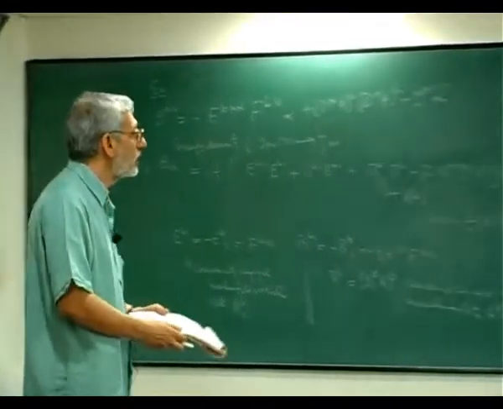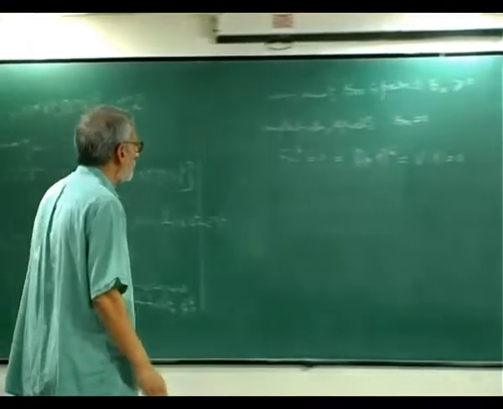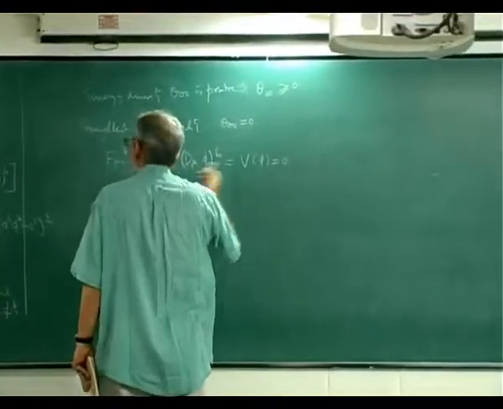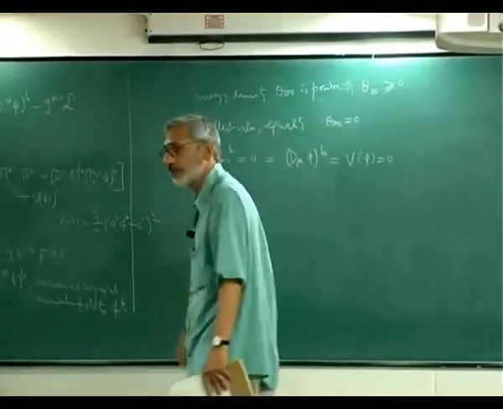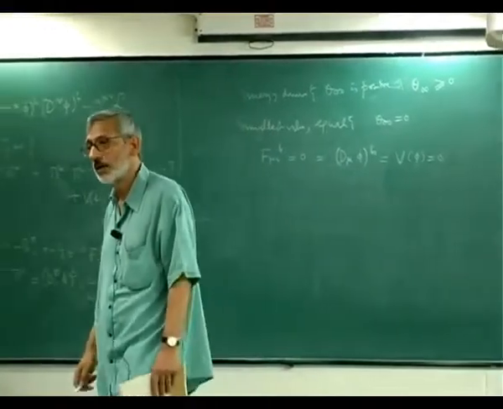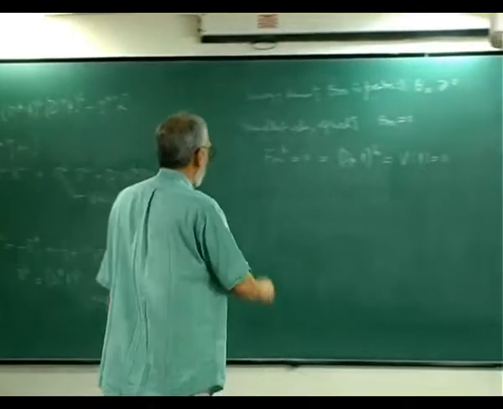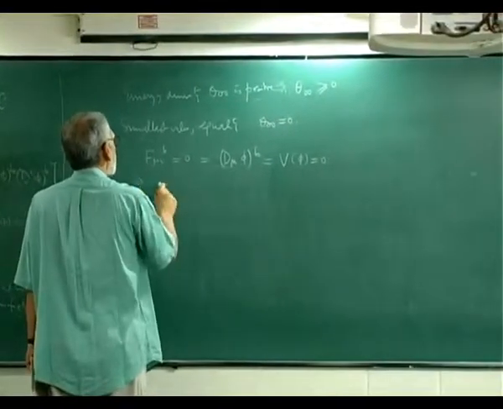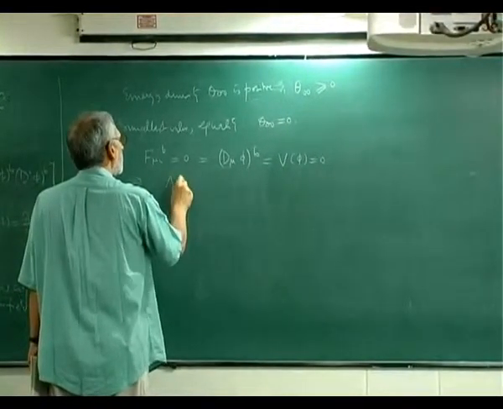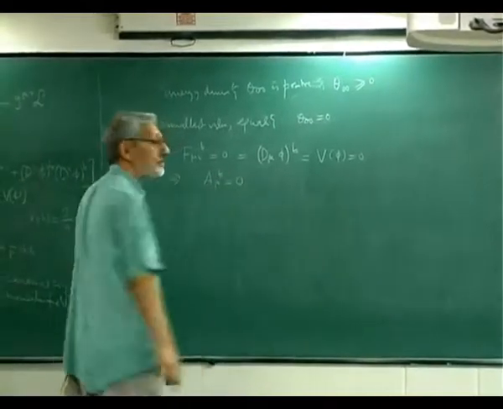Now what are the possible solutions for these equations in terms of the fields that we had to start with, which are A and phi? These correspond to, for example, A_mu is 0.